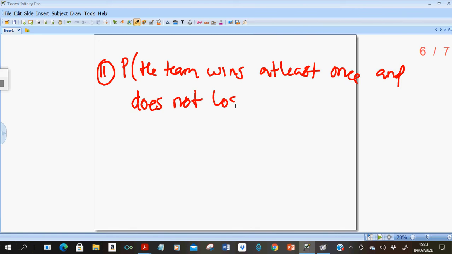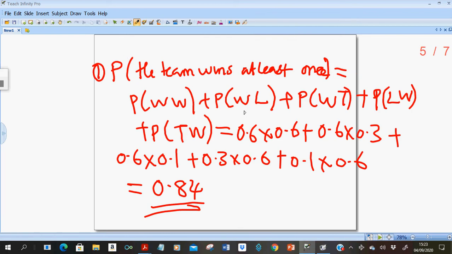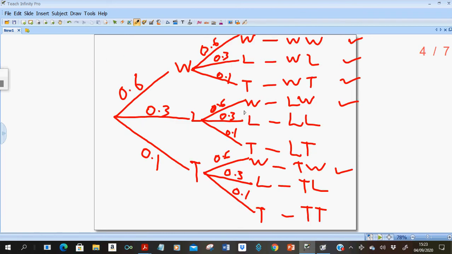Okay, so we go back to our tree diagram. We first want a win. Okay, so it should win at least once, but it should not lose. The other one has a win and a lose, but we don't want a loss, so we'll skip that. So we have win-win, win-tie, and tie-win.